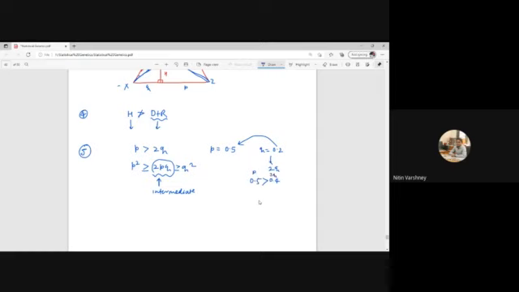Then 2PQ is 2 into 0.5 into 0.2. So P square will be 0.25 and Q square will be 0.04. So see here, 2PQ is intermediate.